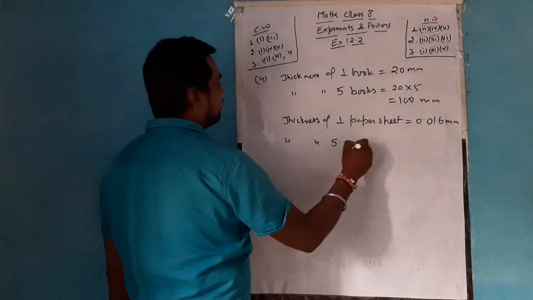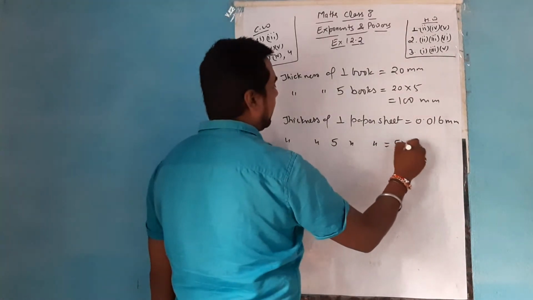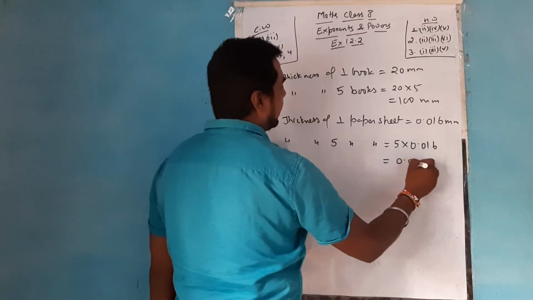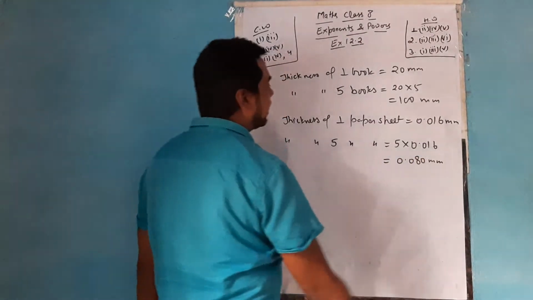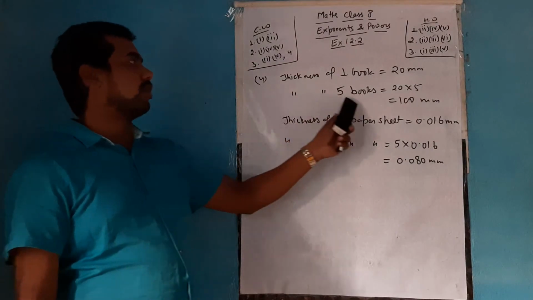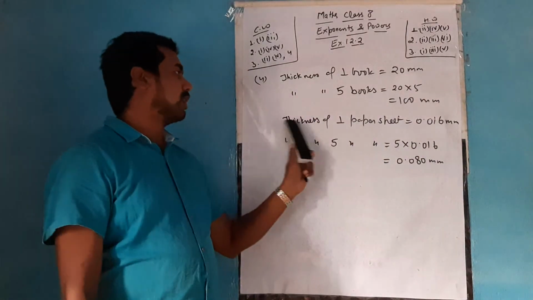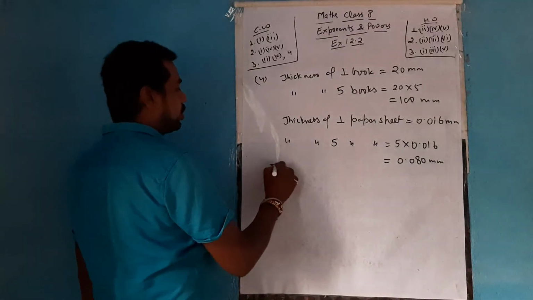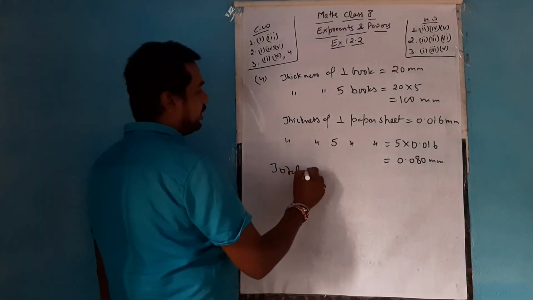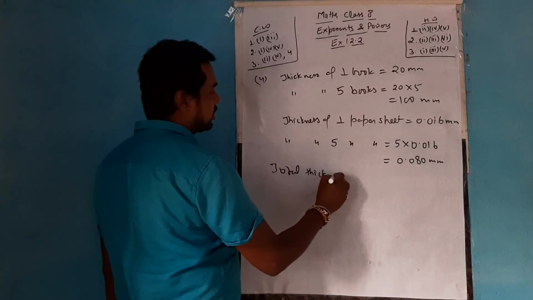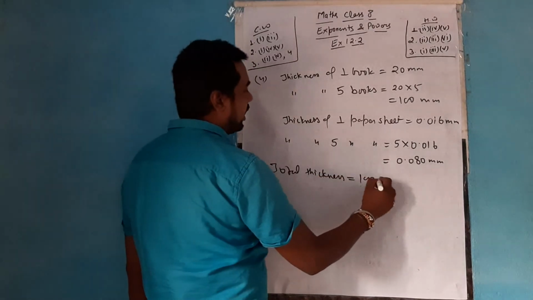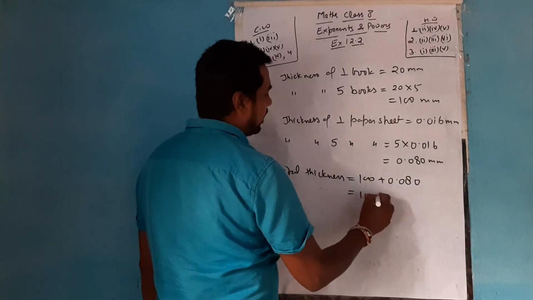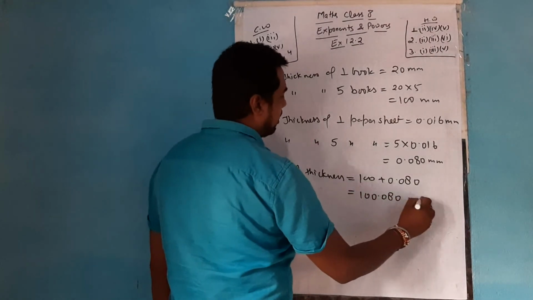Thickness of 5 paper sheets similarly will be 5 into 0.016, that becomes 0.080 millimeter. So that's the total thickness of 5 books, 100 mm. Total thickness of 5 paper sheets, 0.080 mm. Total thickness of stack will be 100 mm plus 0.080, that becomes 100.080 mm.